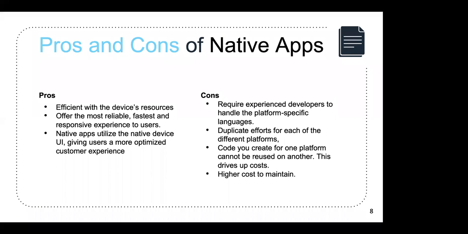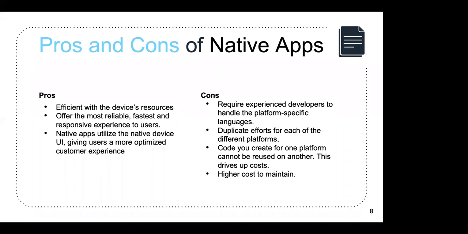So think that we are writing a native application and deploying it to the App Store or Play Store, and we are downloading it and using it. You will get the same feeling as the pre-installed native applications. That means you can get a better user experience while using these native applications.